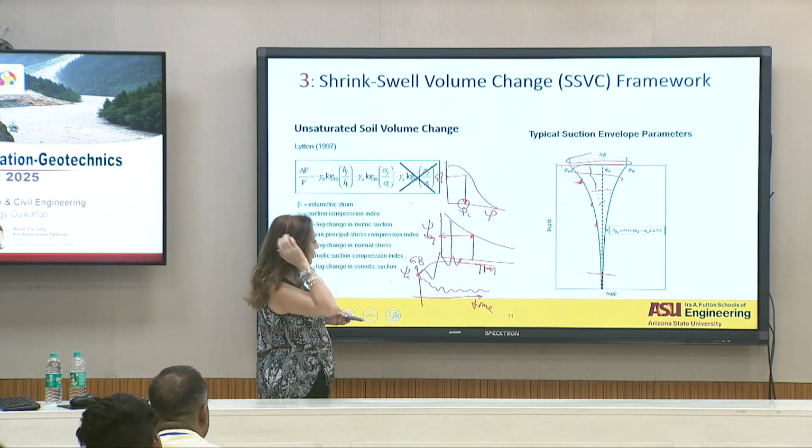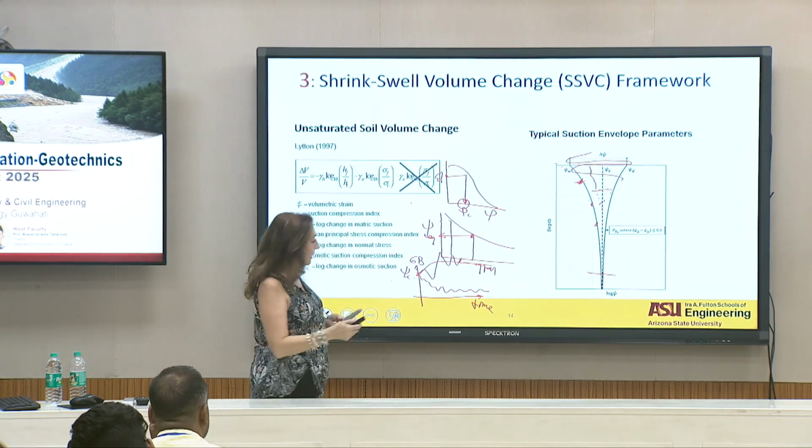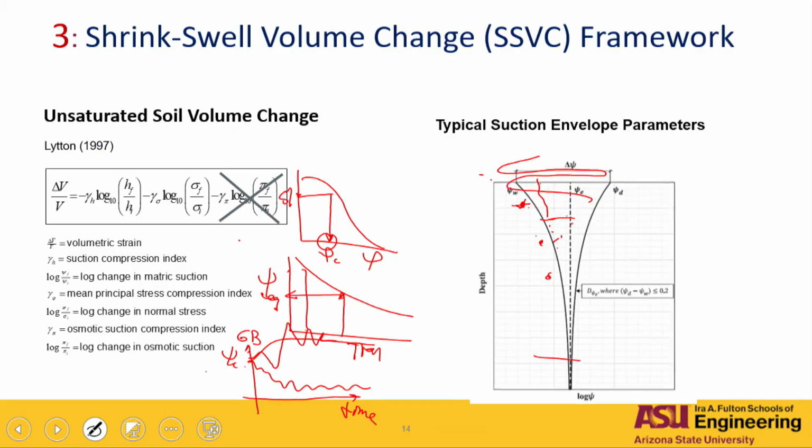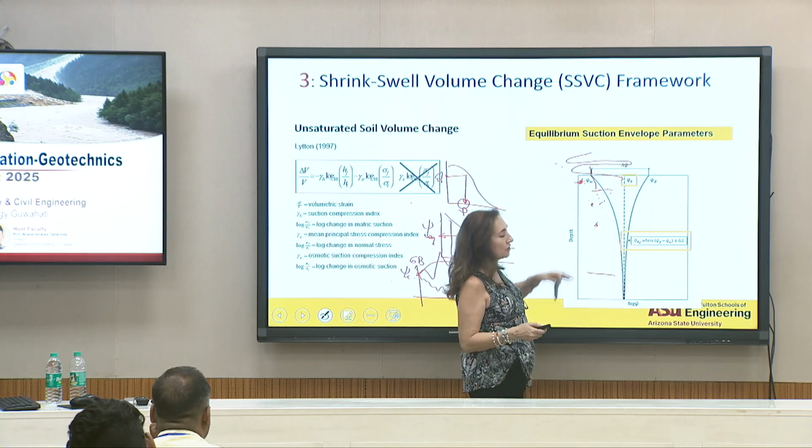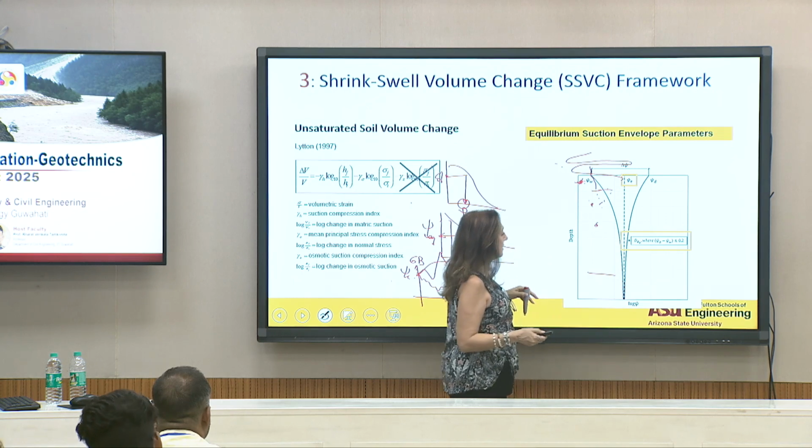But let's talk about the suction envelope here so we don't get too much deviation. Again, these are the equilibrium suction envelope parameters that we need. The equilibrium value is the one that corresponds to the suction value at which the soil equilibrates at a particular depth. There is always a point when the water content is not going to change more because of the environmental properties.